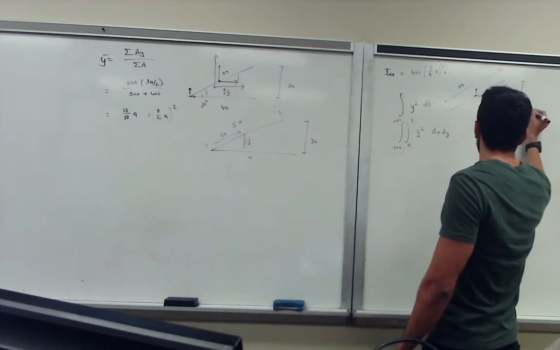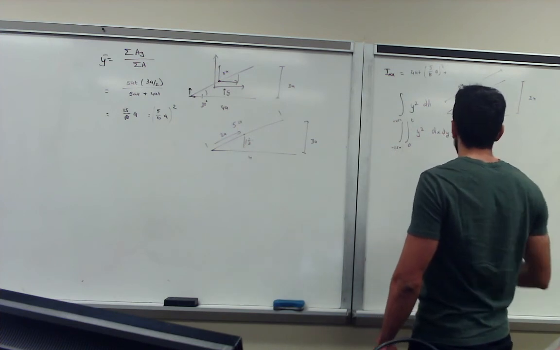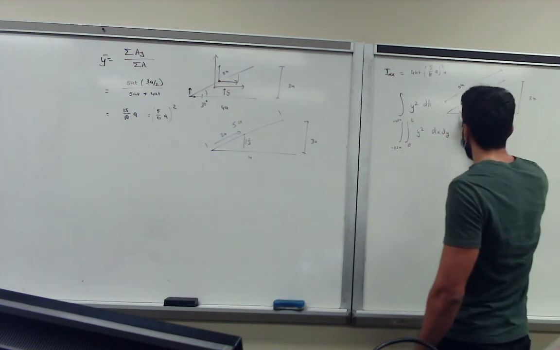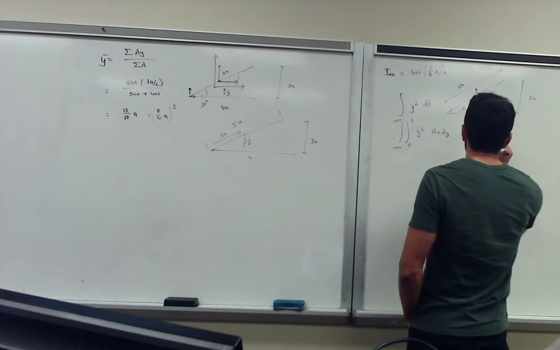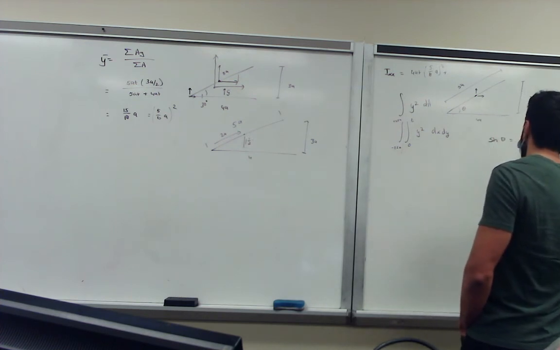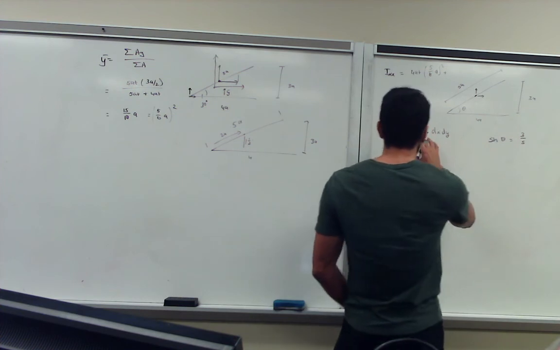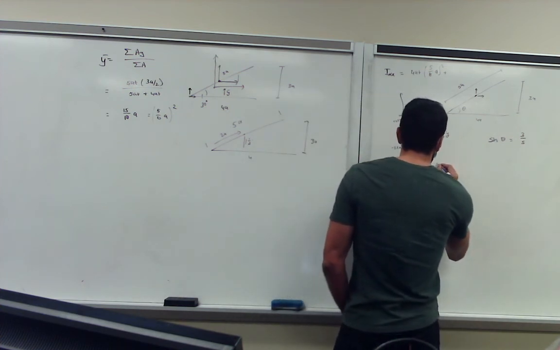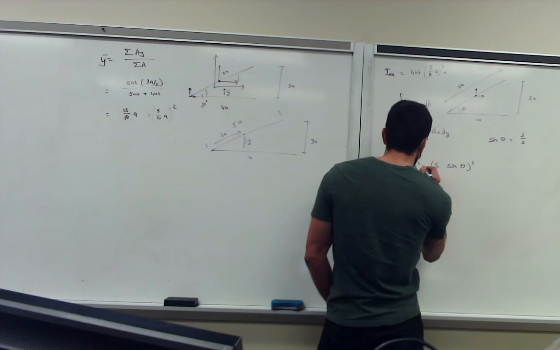Basically, if this is 3a, and this was given as 4a, then for this angle theta, sine theta is 3a over 5a, so just 3 over 5 because a cancels. So when you transform your y coordinate, y equals s times sine theta, and y squared is s squared sine squared theta.